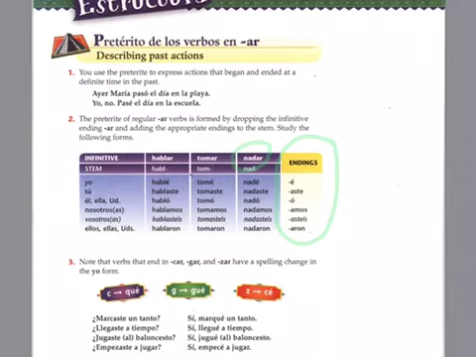We're going to be talking about summer activities. One very common thing for many people is swimming, going to the lakes and ponds and swimming pools. So instead of saying nado, which is I swim, you would say nadé, meaning I swam. So by the very small change in the back of that verb, by dropping the AR and adding a different ending, you're showing who did something and that it happened in the past.